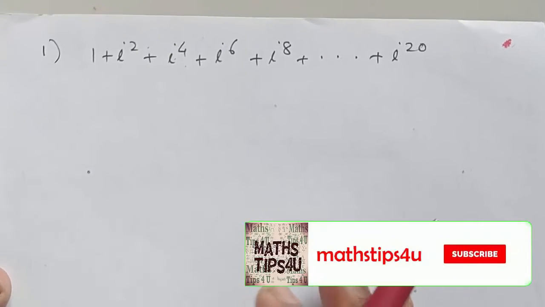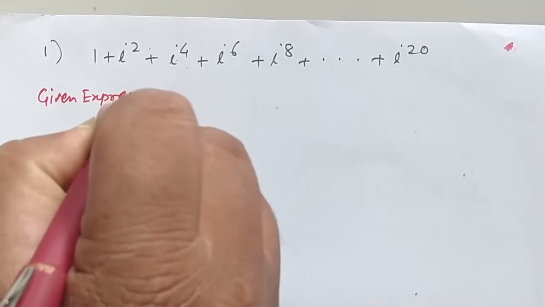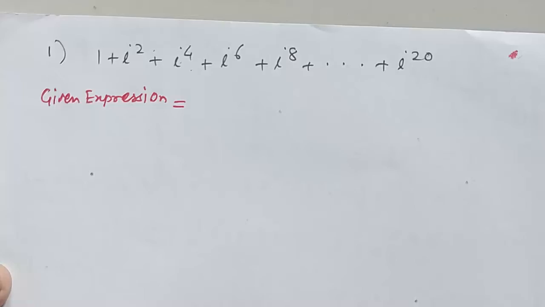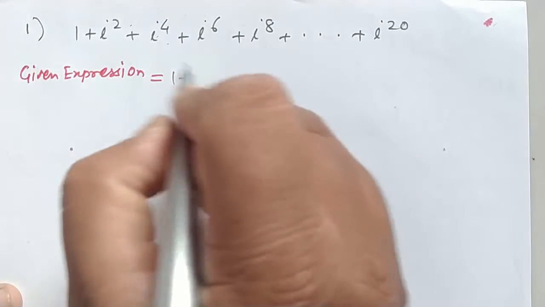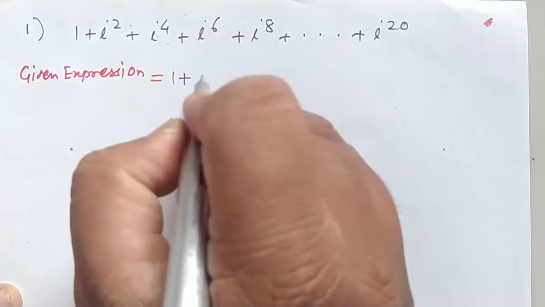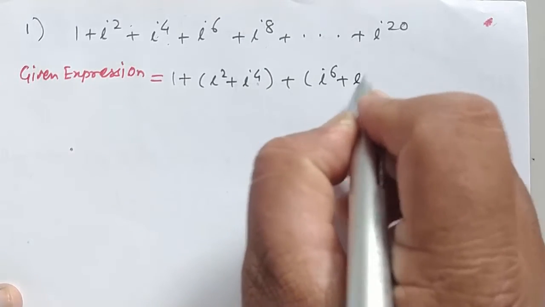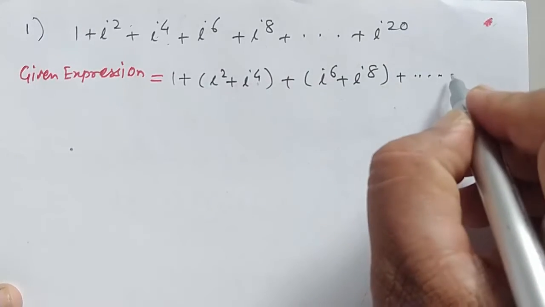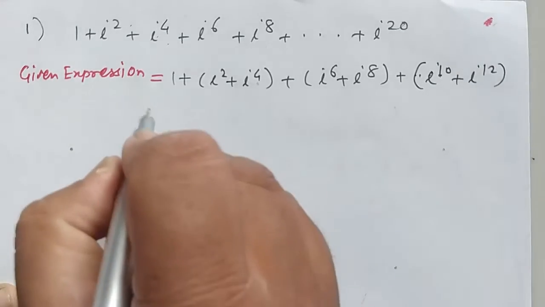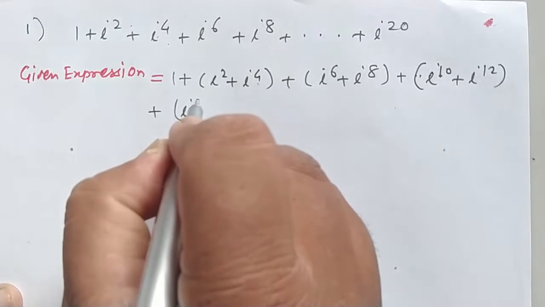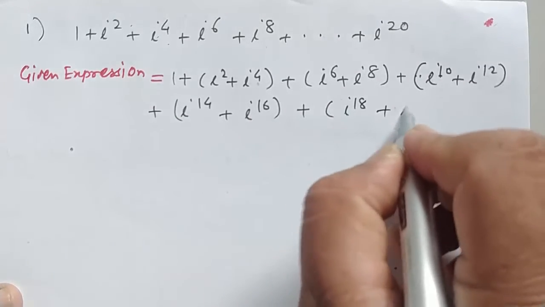Now, the given expression is equal to 1 plus, we associate the terms together, that is i square plus i raised to 4 plus i raised to 6 plus i raised to 8 plus, we take all the terms, that is i raised to 10 plus i raised to 12 plus i raised to 14 plus i raised to 16 plus i raised to 18 plus i raised to 20.